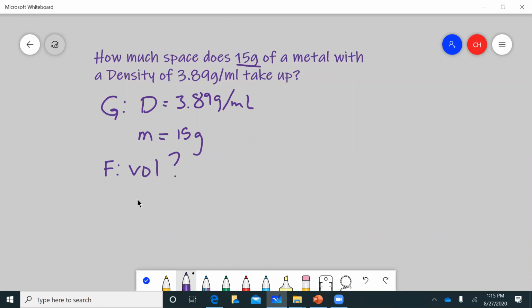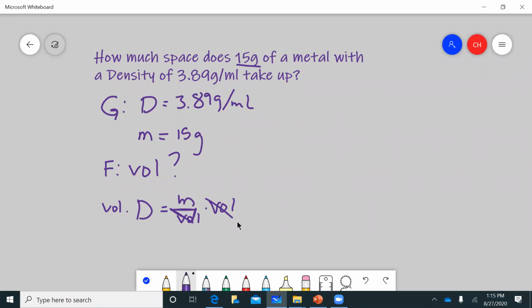So density equals mass over volume. Some people like to plug their information in first and then isolate the variable that way. I'm going to isolate for volume beforehand. Volume is below the fraction bar here, which I don't like. So I'm going to multiply this side by volume and this side by volume.